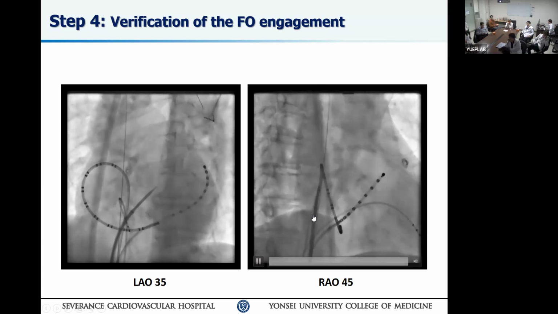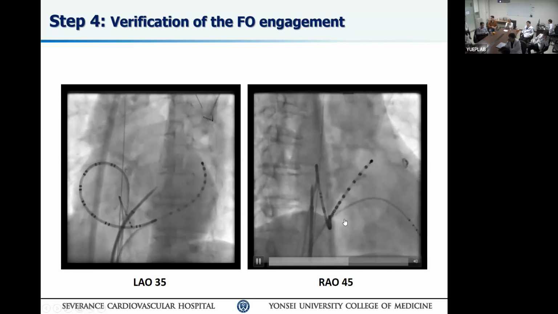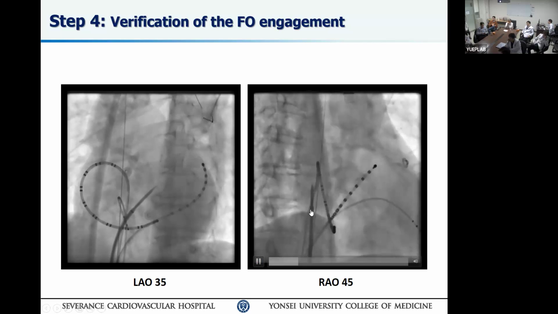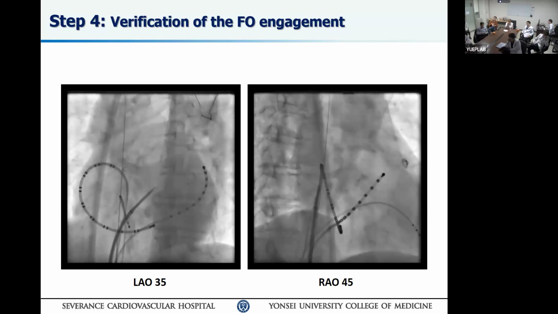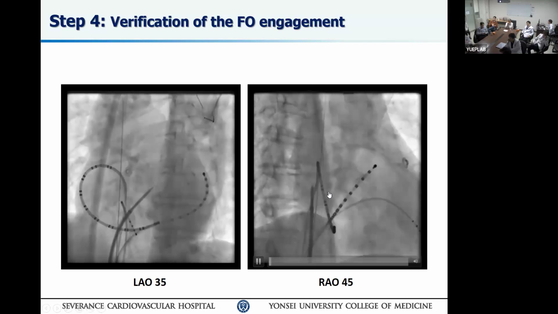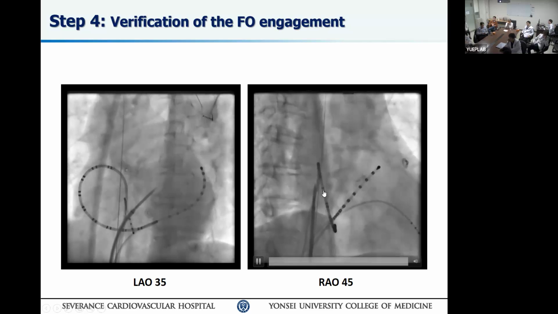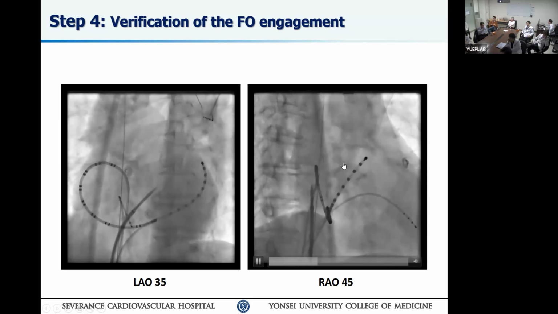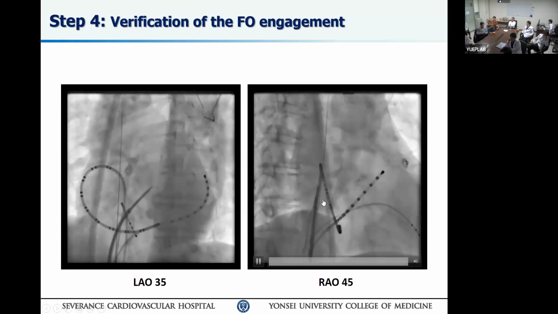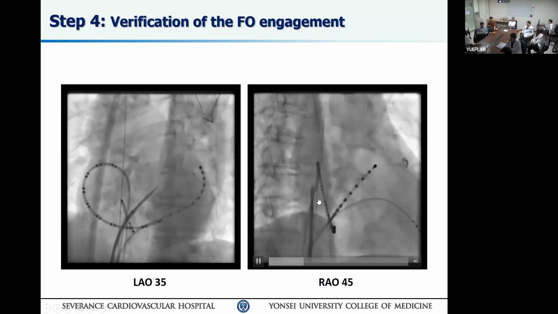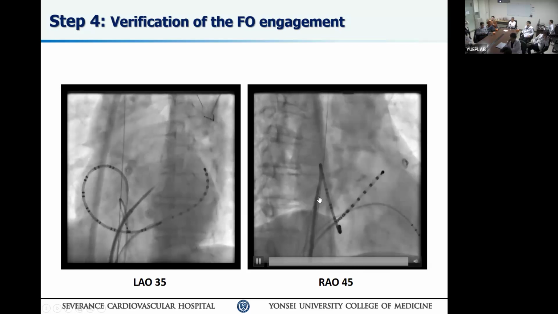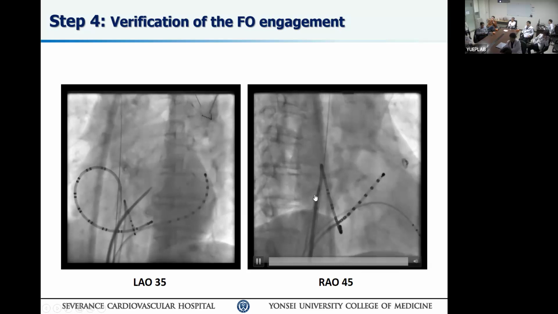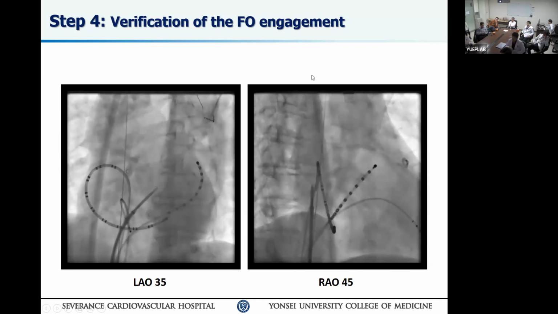You can see that the coronary sinus catheter and the transseptal apparatus move together. If these two move together, you can say that you're in the fossa ovalis. And in the RAO view, you can adjust your apparatus, whether you want to puncture in the posterior or anterior.